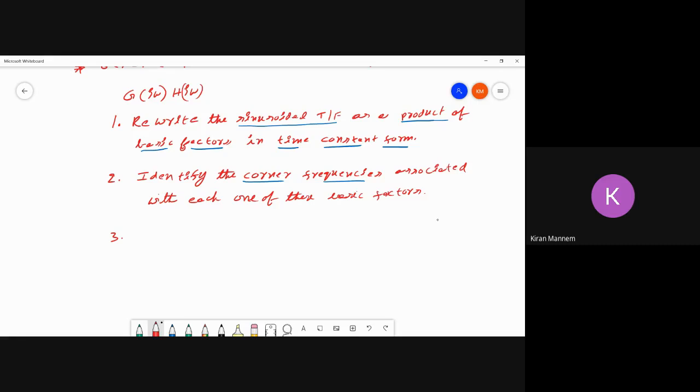I'll write it here. Knowing the corner frequencies, we should draw the asymptotic magnitude plot. First thing is I should draw asymptotic magnitude plot, right? So what is this asymptotic magnitude plot?